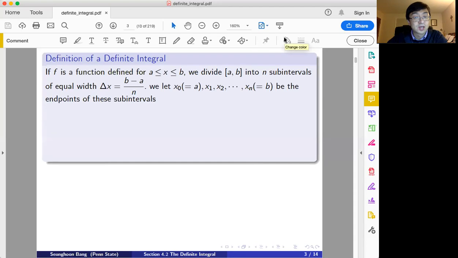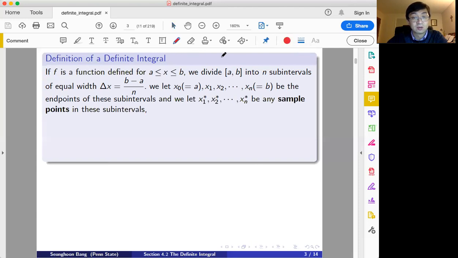So x0 is a, x1, x2, up to xn equals b are the endpoints of these subintervals, and x1 star, x2 star, up to xn star are any sample points in these subintervals.